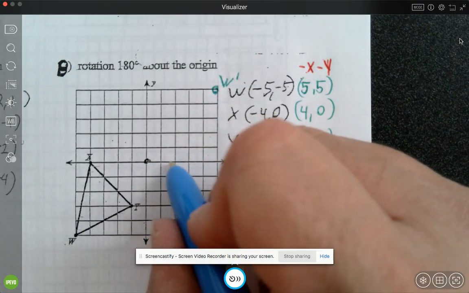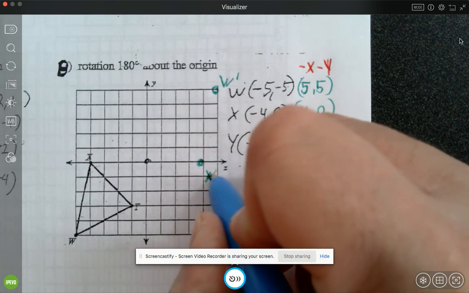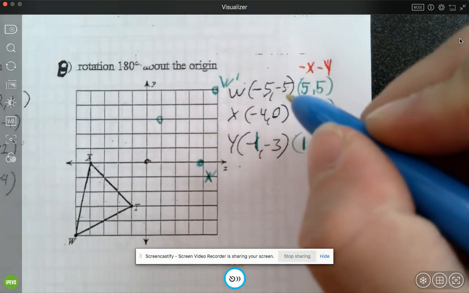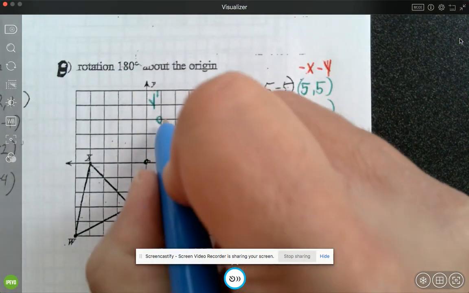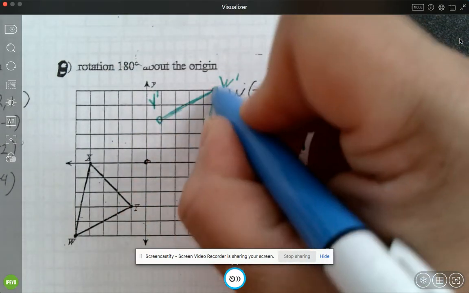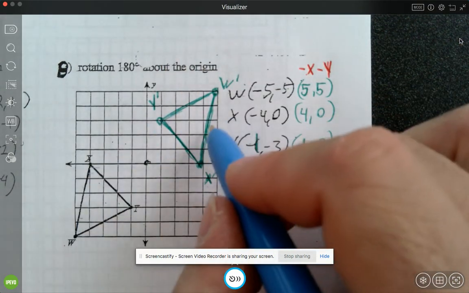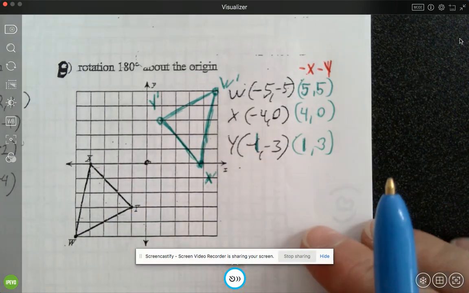I'm going to go over here, 4, 0, X prime. And then here, 1, 3, call that Y prime here. So the first answer is done for you. That looks like a rotation of 180 degrees, clockwise or counterclockwise, depending on how you look at it.